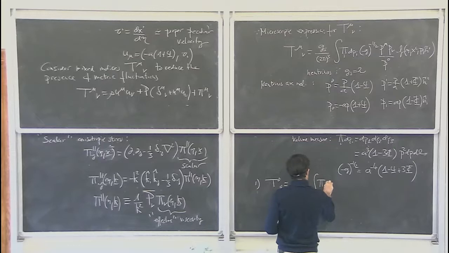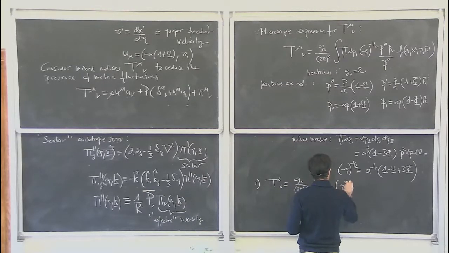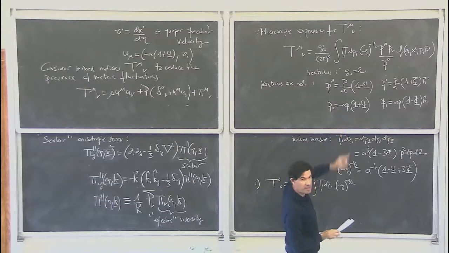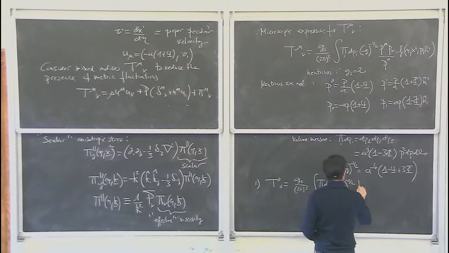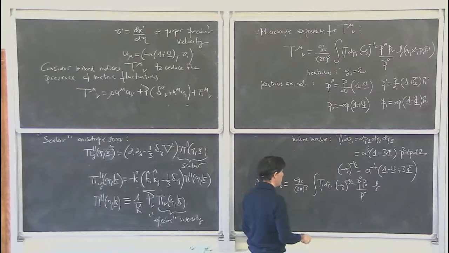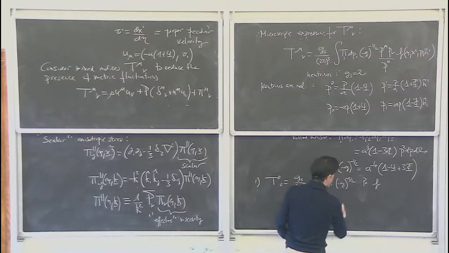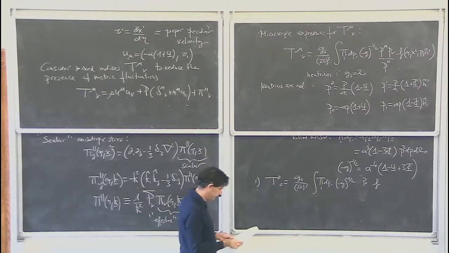So I have this, I have this factor of the determinant. And then I just replace according to the definition. So I have a p naught up, p naught down, p naught up again, and then f. So that's just calculating this, right?